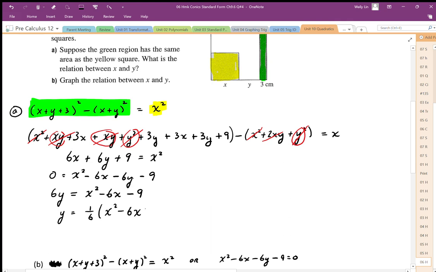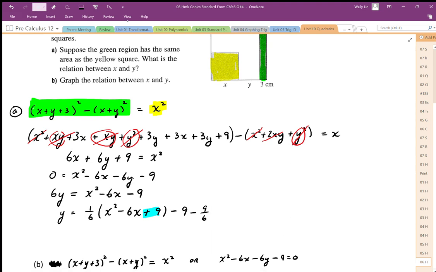In fact, we might as well complete the square, so I'm going to go plus 9 minus 9, and that plus 9 was used to complete the square. So I'm going to make sure that I balance that by subtracting 9 over 6, and there's our vertex form.